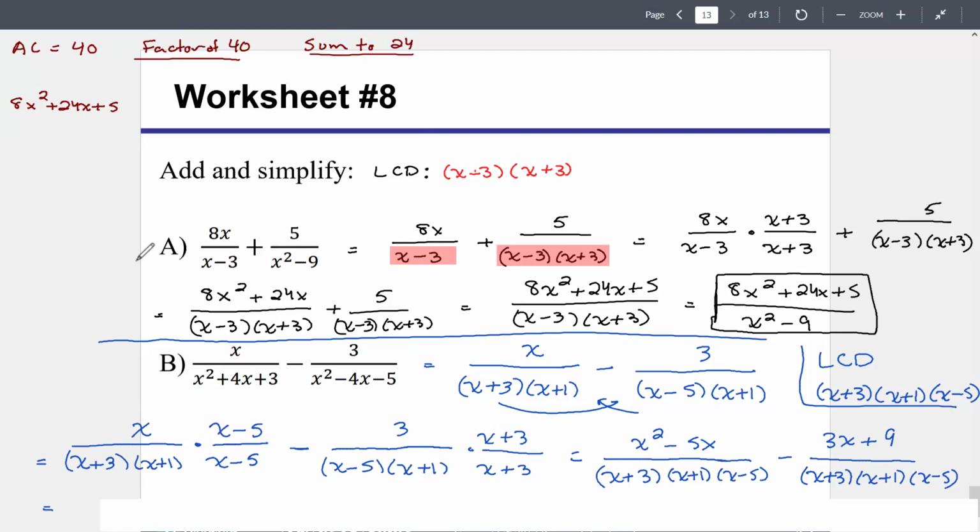So if we add the tops, you're going to end up with x squared minus 5x. And then remember, we're subtracting, so we're subtracting 3x, and then we're subtracting 9.